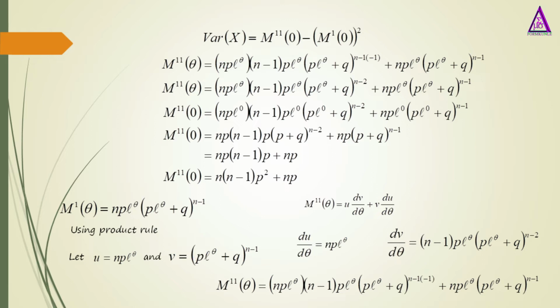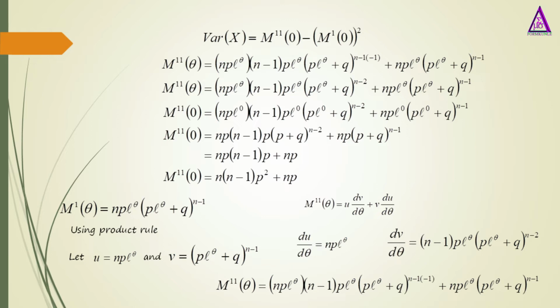Now by using the product rule, we let u equal np e raised to power theta and v equal to (p e^theta plus q) all raised to power n minus 1. Then du over d theta equals np e raised to power theta.